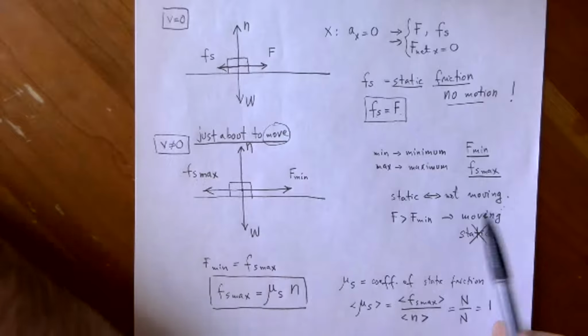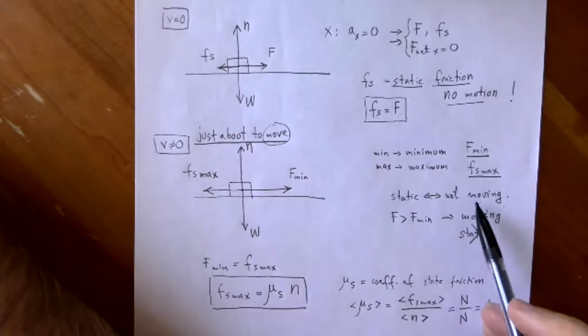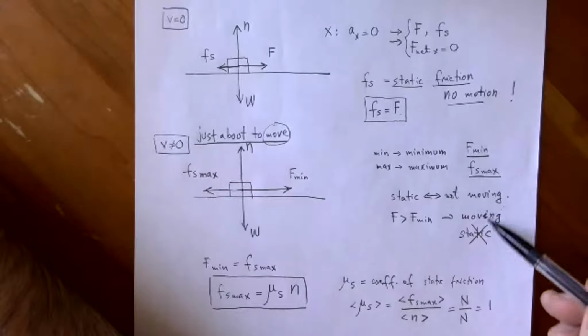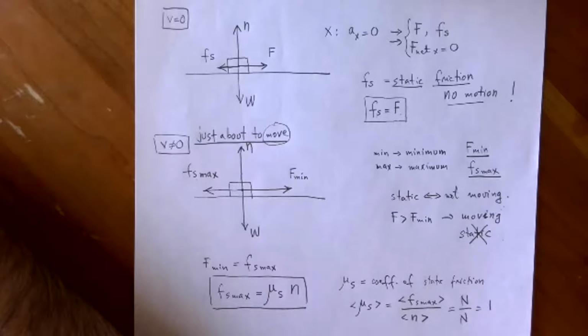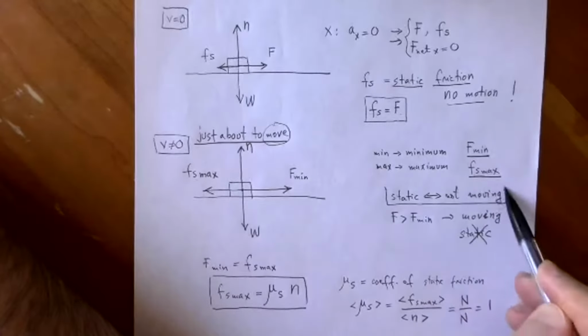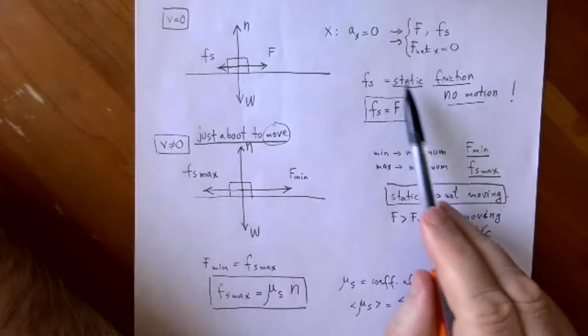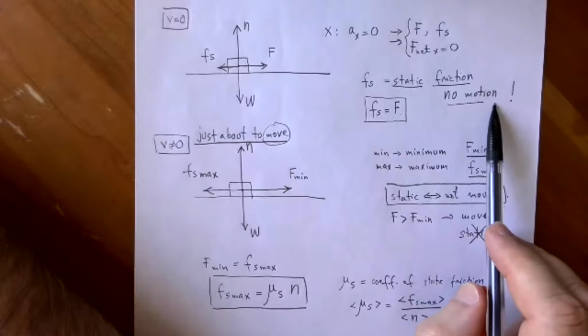Why is that? Because this is the last moment when the object is not moving. Past this point, I cannot talk about static anymore because the object will move. So of course, static means not moving, like we saw before. Static, no motion.